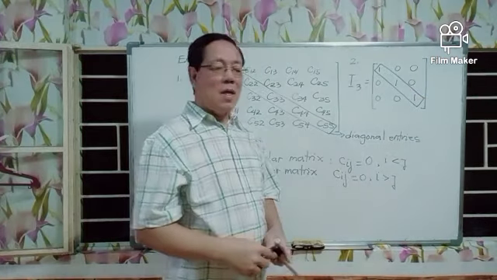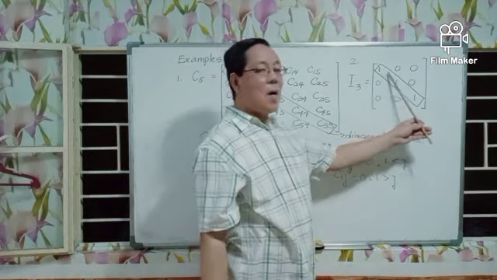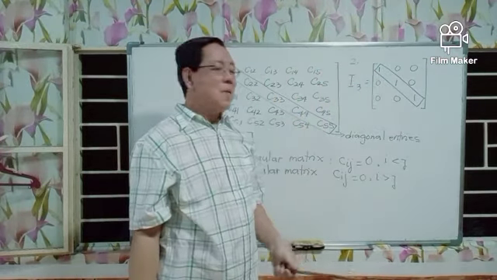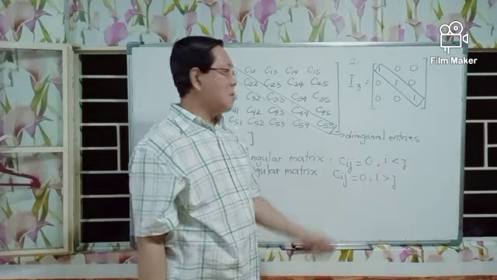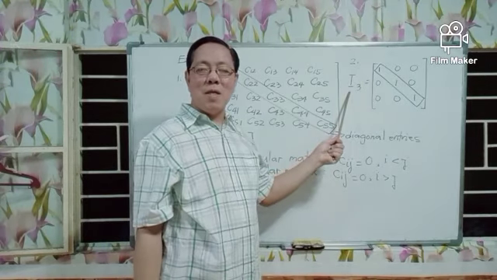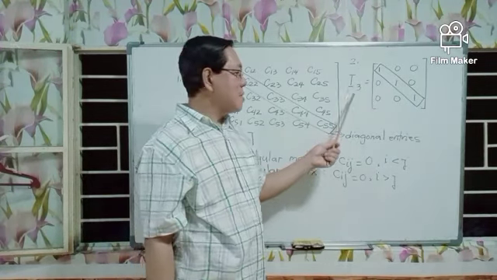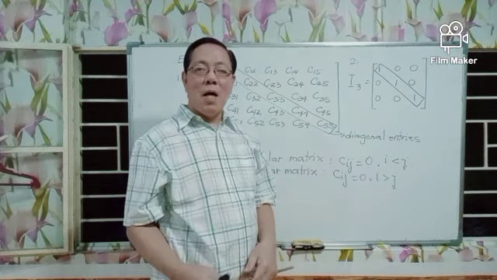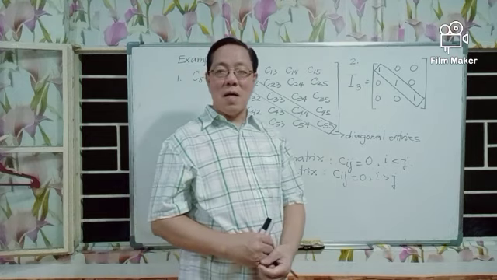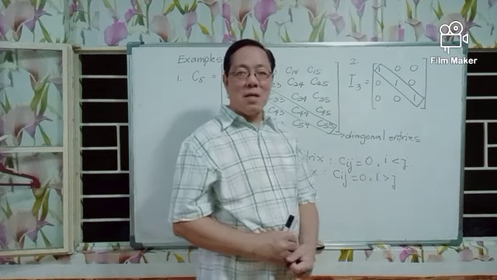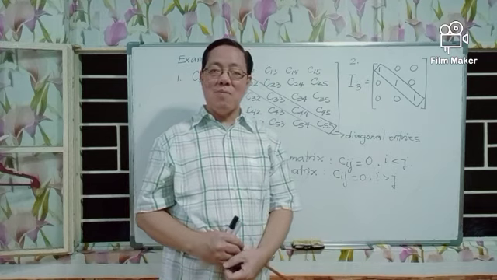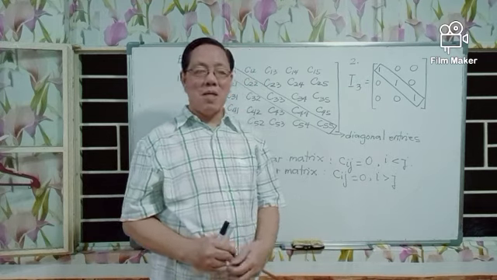The non-diagonal entries are the entries above the diagonal and the entries below the diagonal. And they are all 0, so this identity matrix I sub 3 is a diagonal matrix. Because the conditions of the upper and lower triangular matrices are satisfied by the identity matrix. The identity matrix is both an upper triangular matrix and a lower triangular matrix.